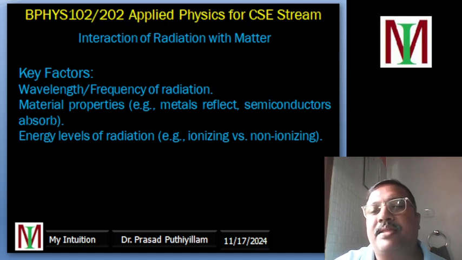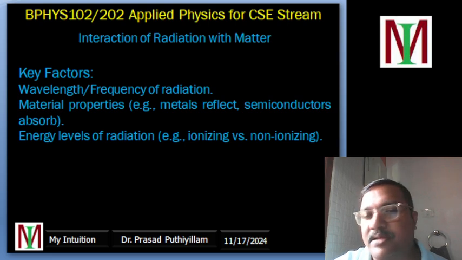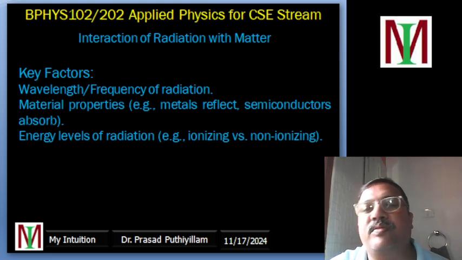The way the radiation interacts with the matter depends upon its wavelength or frequency. If you know wavelength, you can calculate the frequency. If you know frequency, similarly you know the equation.